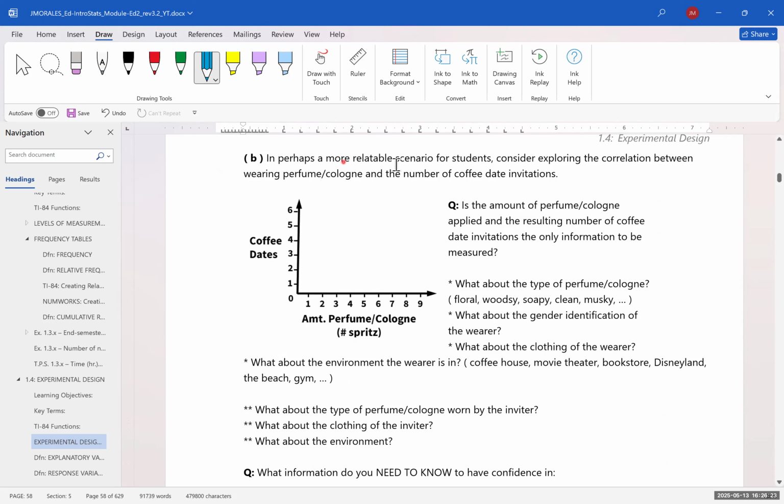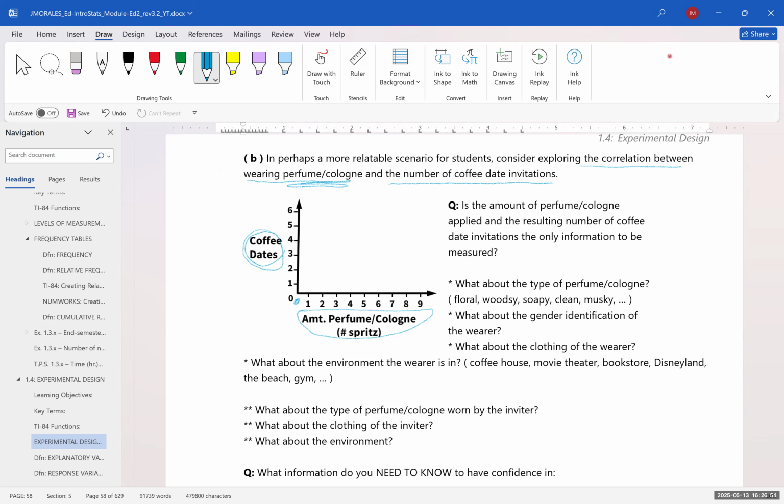In a more relatable scenario for students, consider exploring the correlation between wearing perfume or cologne and the number of coffee date invitations that a person gets. So here we've got this variable with the amount of perfume or cologne that's worn. Okay, it could be even zero perfume or cologne, versus this other random variable, which is the number of coffee dates.